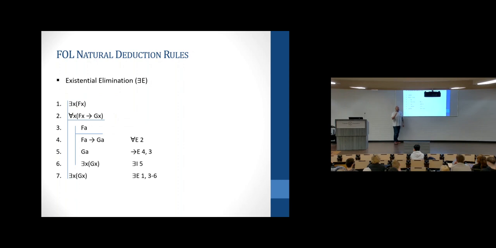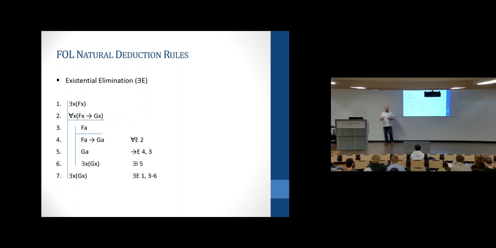And we can't close the subproof here because this is something specifically about the name A. So we have to finish off by getting rid of the name A. And the way we do it is by kicking it out and replacing it with an existentially quantified variable. So our last move in the subproof is existential introduction. And that then allows us to eliminate the existential, that is, derive something from the existential, which turns out to just be another existential.